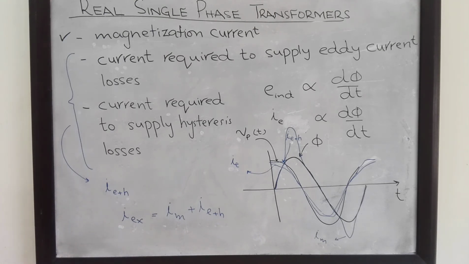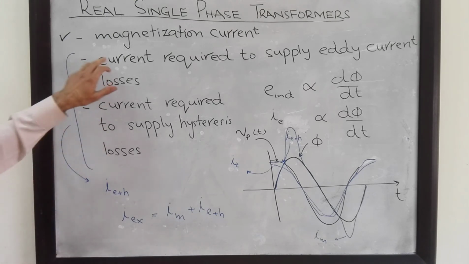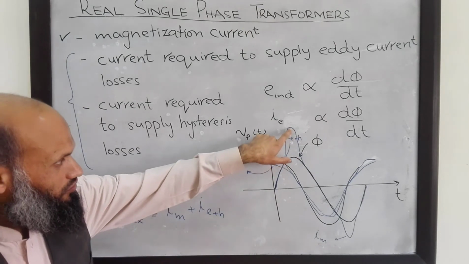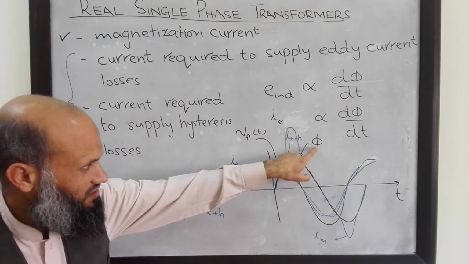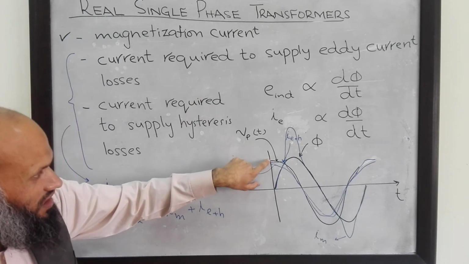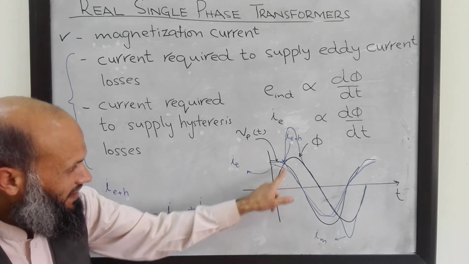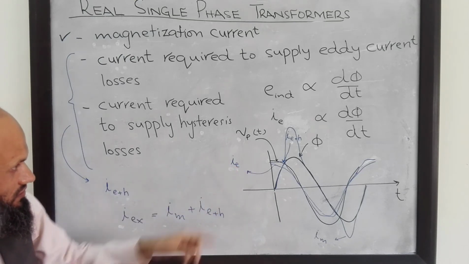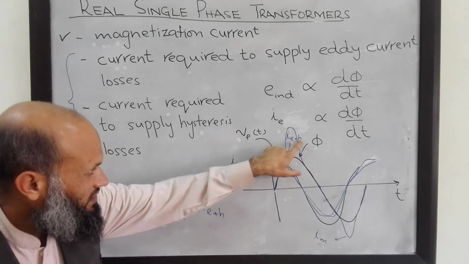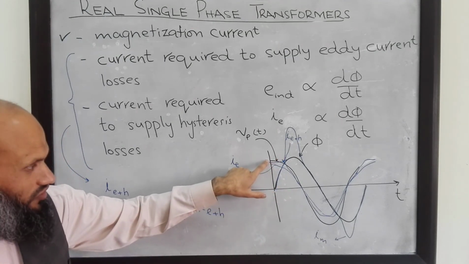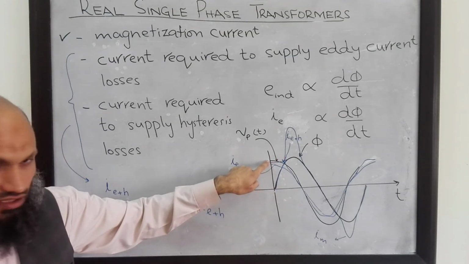We can see that the fundamental component of the magnetization current is in phase with the flux, that is, it lags the applied voltage by an angle of 90 degrees, and the fundamental component of the current IE or IE plus H is in phase with the applied voltage.